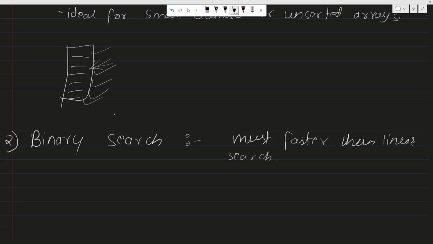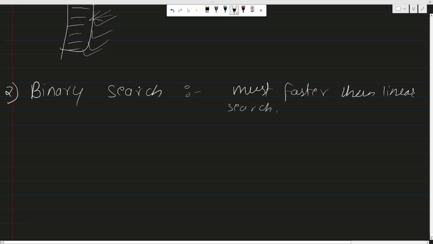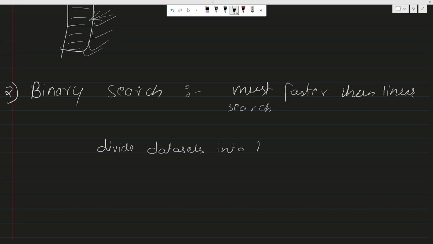You have to sort first, then it works. The concept is like binary: divide the dataset into half and eliminate half of the elements in each iteration until the target value is found.